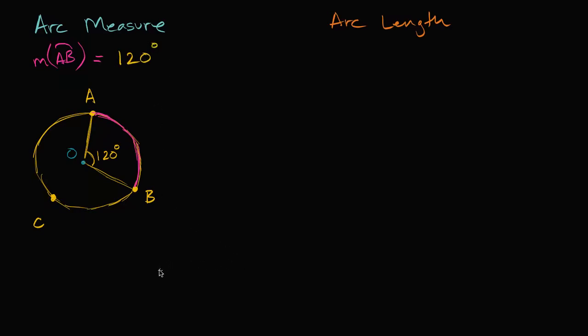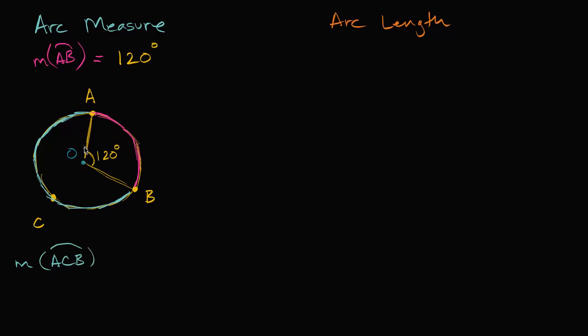Now, some of y'all might be saying, well, what about the major arc? Well, let's write that. If we're talking about arc ACB, so we're going the other way around, this is the major arc. So what is the measure of arc ACB? Once again, we're using three letters so that we're specifying the major arc.